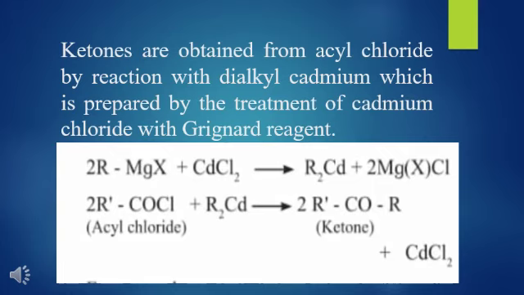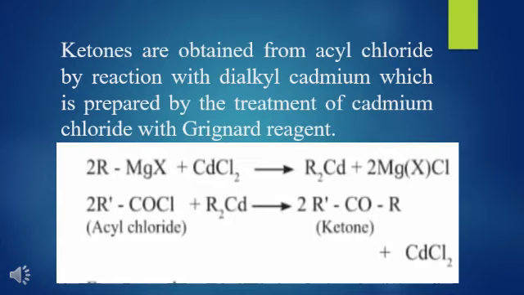In this second example, 2 R-COCl means acyl chloride. This acyl chloride reacts with dialkyl cadmium. This dialkyl cadmium is obtained by reaction of Grignard reagent with cadmium dichloride.